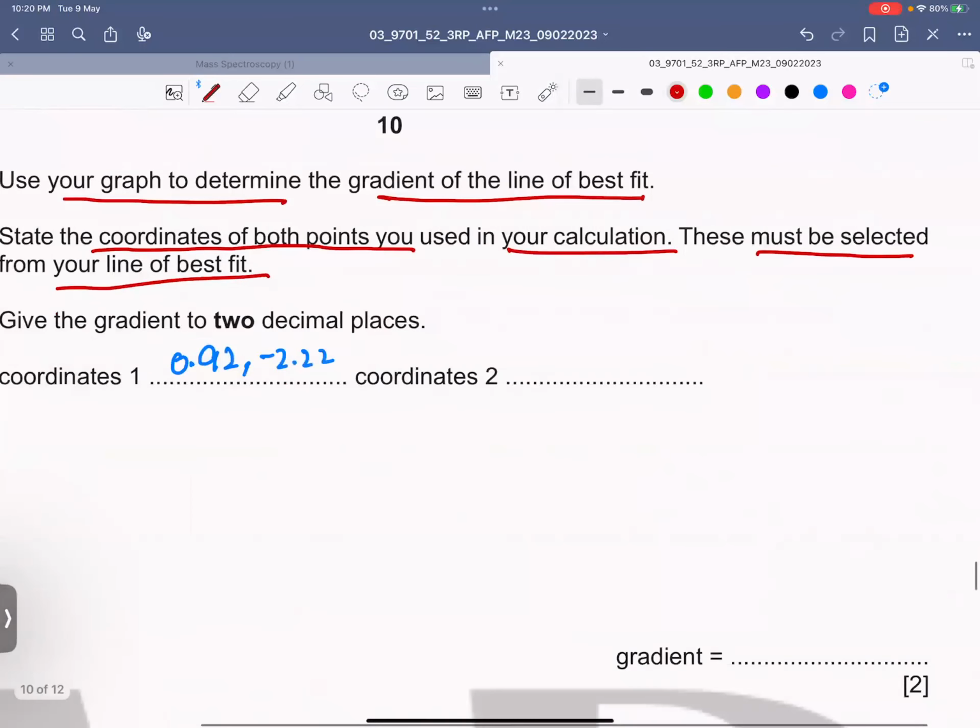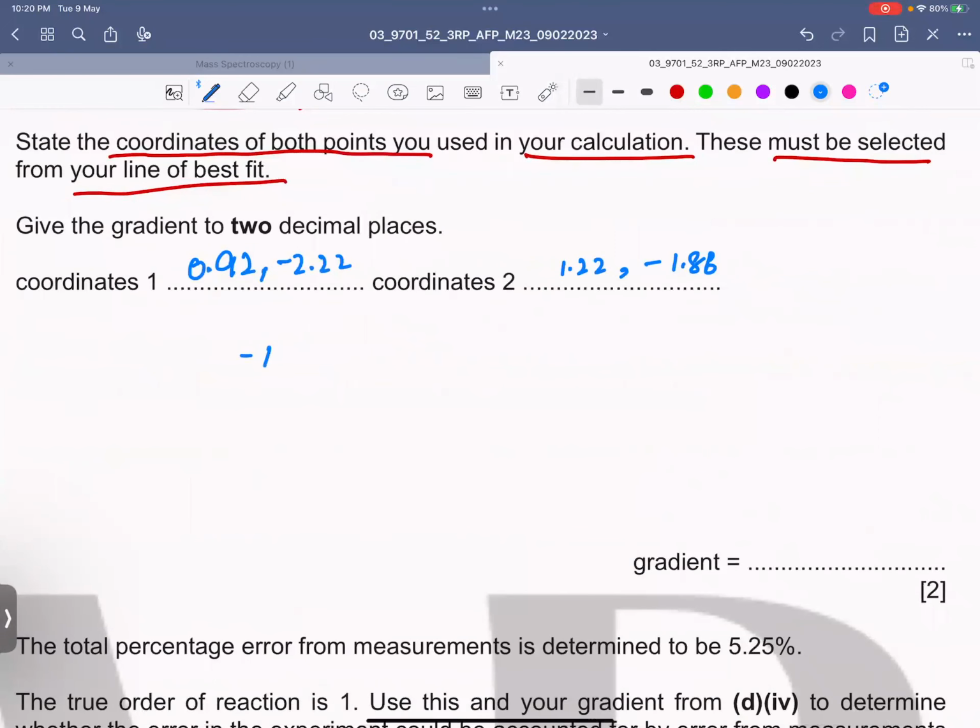So 1.22 and minus 1.86. So the gradient would be minus 1.86 minus 2.22 over 1.22 minus 0.92. Yes, can anybody solve the gradient?